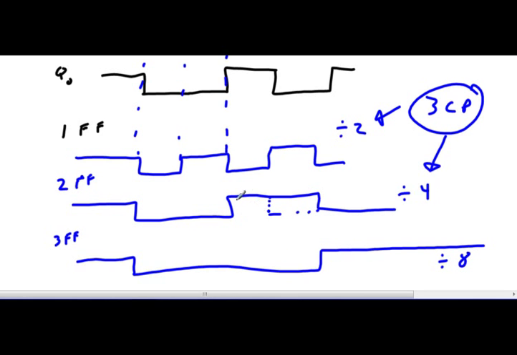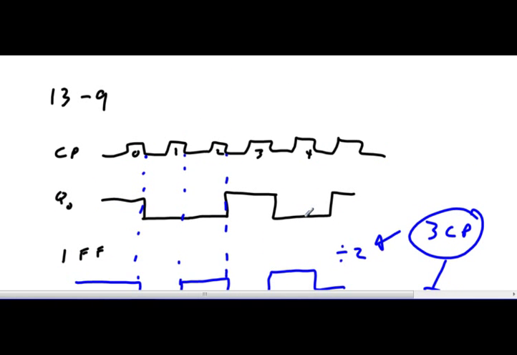That's what I'm doing. Okay, good enough? No? Okay, do it again. I'm going to do it again. I got a clock pulse. And I got some flip-flop that's going to change on the negative clock pulse.